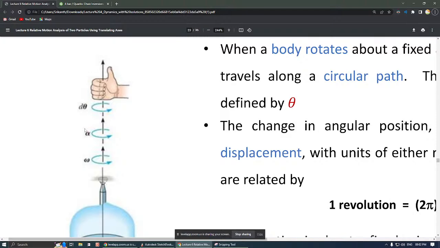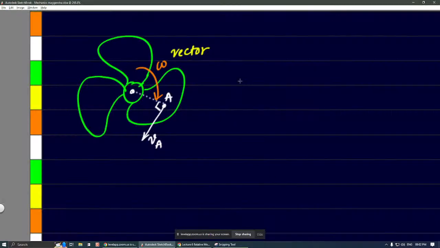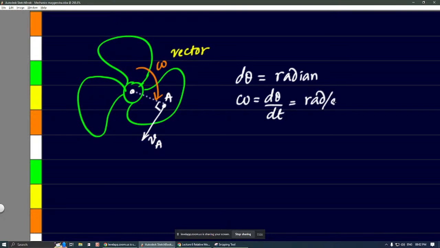Angular velocity, rotational velocity. So what are the units? Unit for displacement is radian. Unit for omega? Omega is d theta by dt, so this will be radians per second.